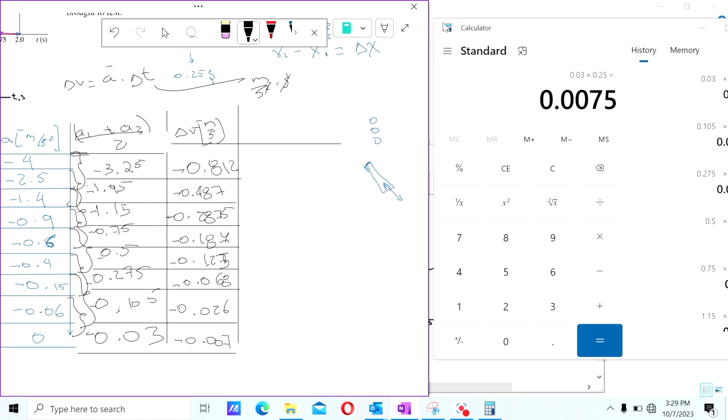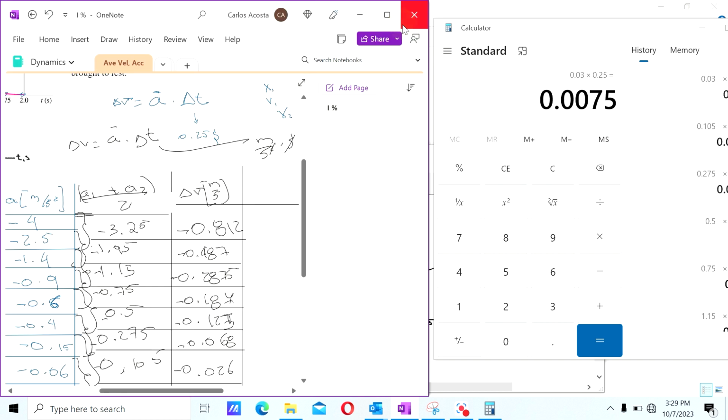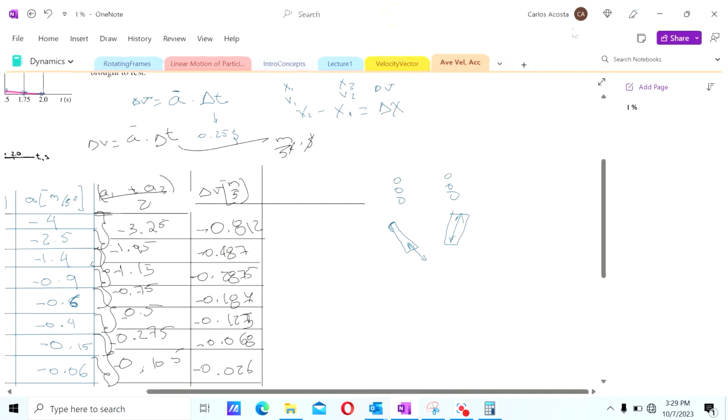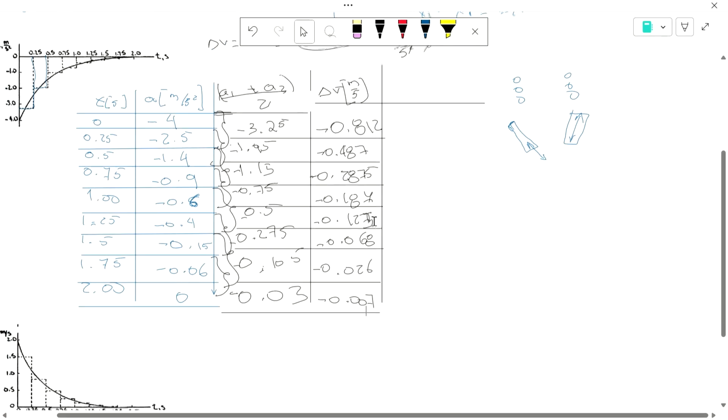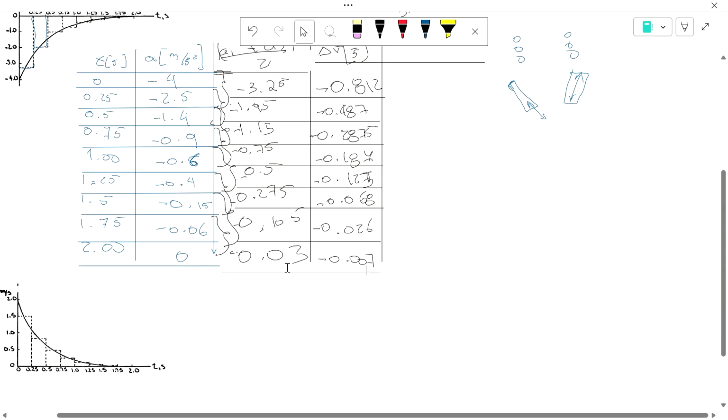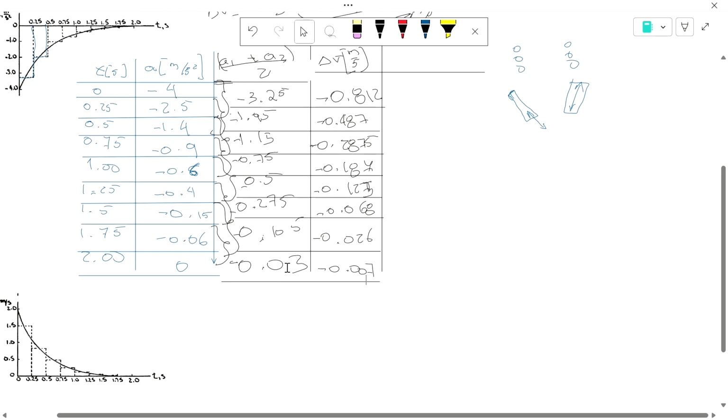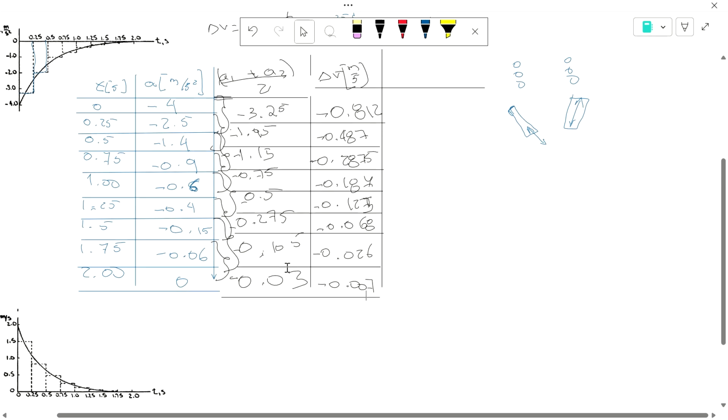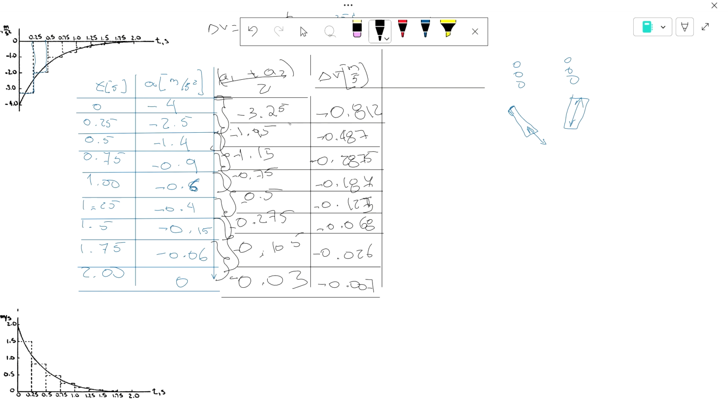So basically, let's go back to maximize this. Okay. So that plot right there corresponds to a plot where we basically have the delta velocity.